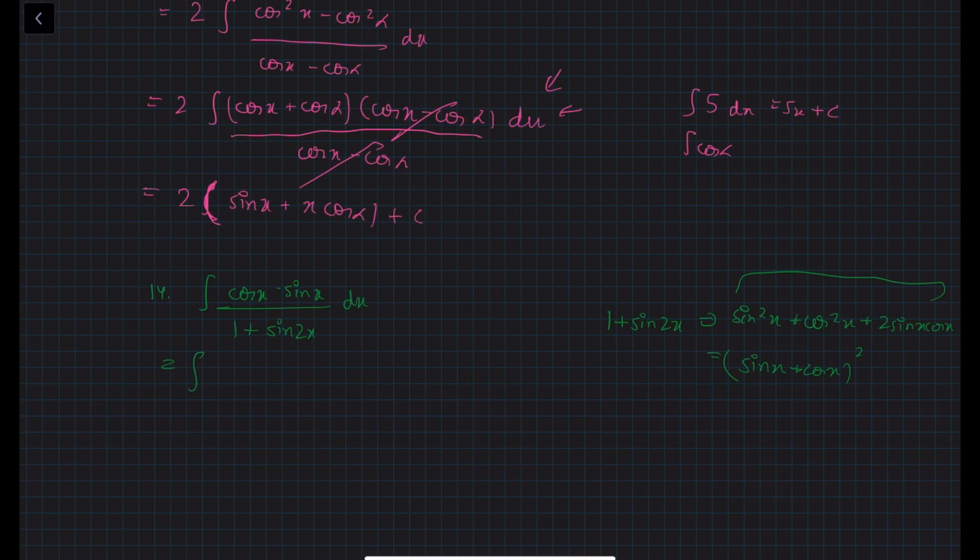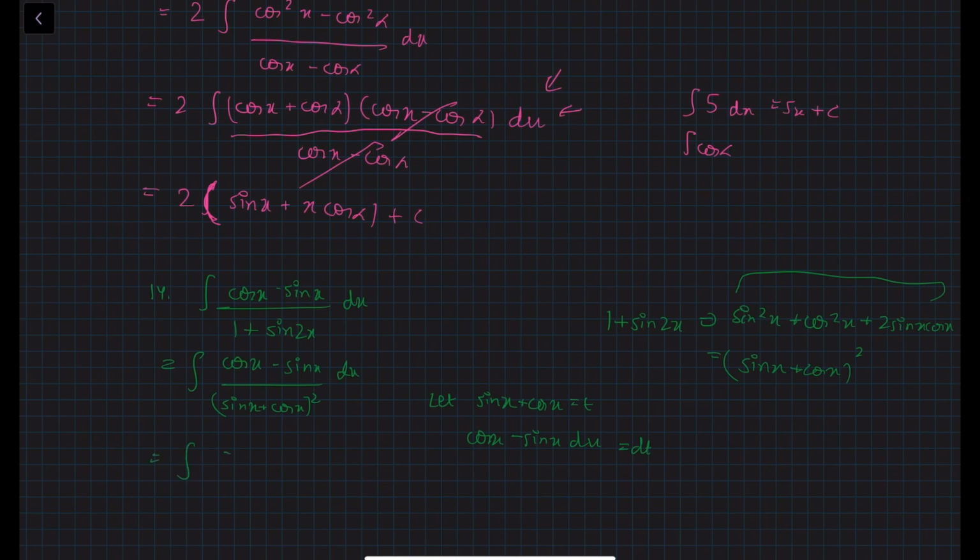Just writing this out, and now we're going to use a u substitution. So let sine x plus cosine x equal t. That gives cosine x minus sine x dx is dt, which we have in the numerator.